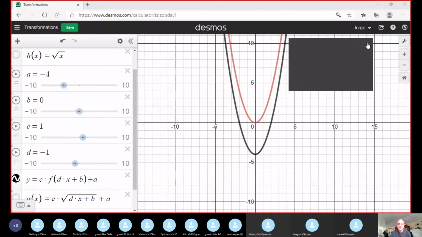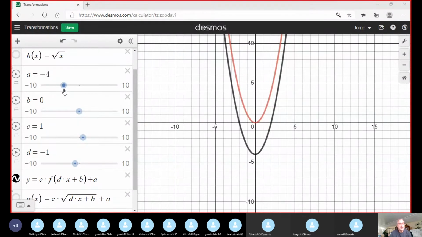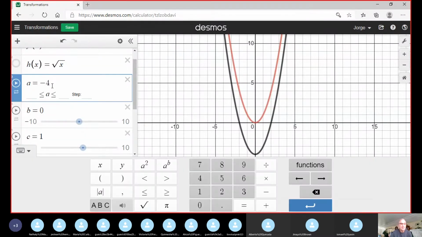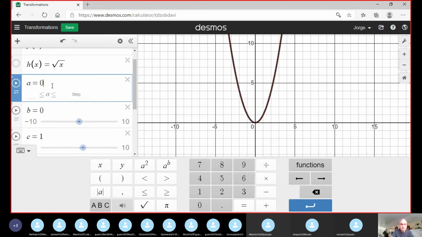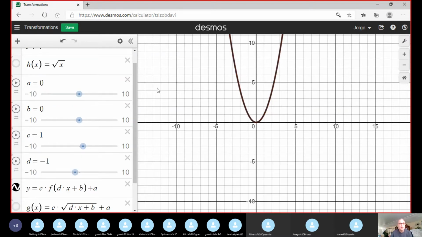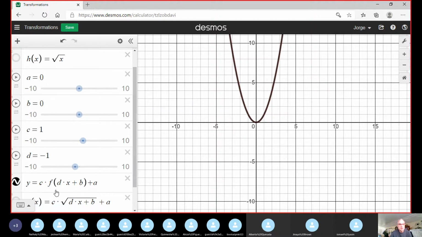Okay. This was the previous example, no? But I want to change not A, I want to change B. Again, one more time, we have the basic. The basic, remember, was the red color.